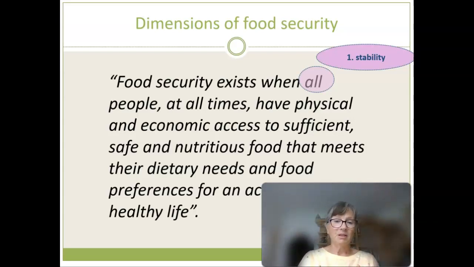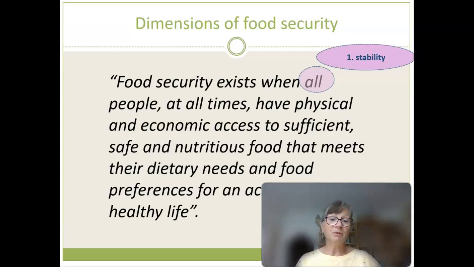There may be times when the food supply is interrupted. We might think, for example, of the dreadful situations in Morocco and Libya recently, where part of the infrastructure has been destroyed by an earthquake or floods. So the stability of the food supply getting to all of the people affected is disturbed at this moment.